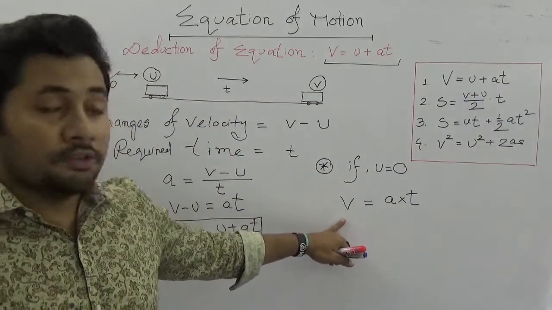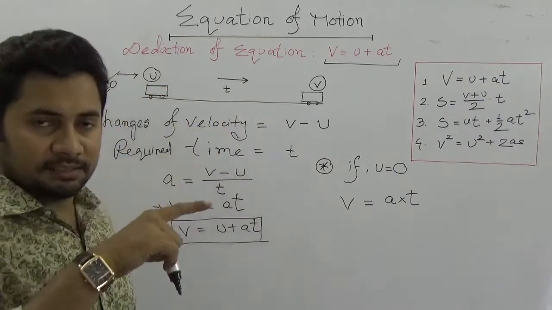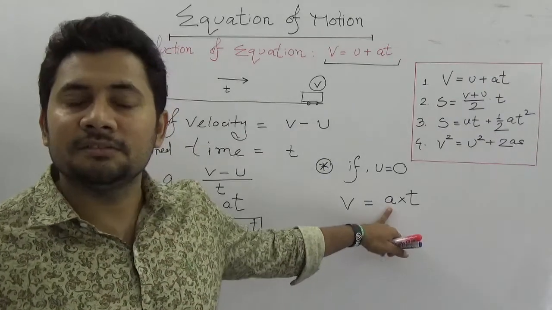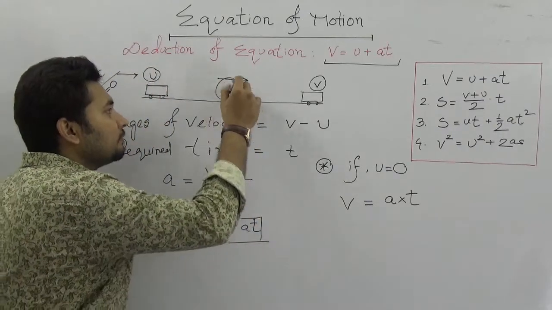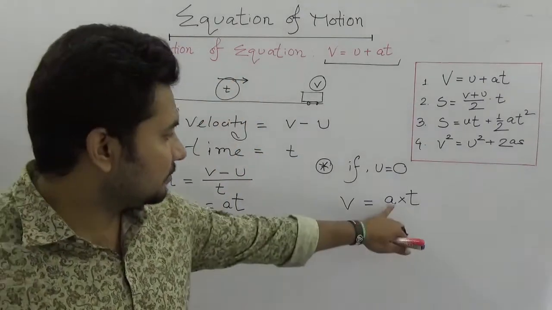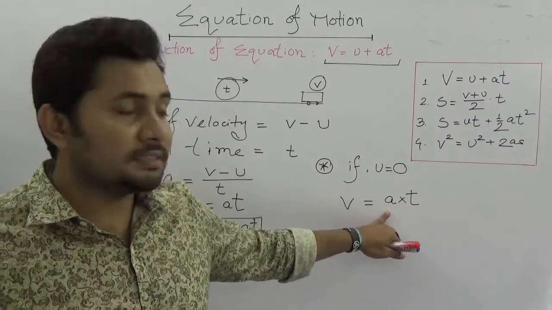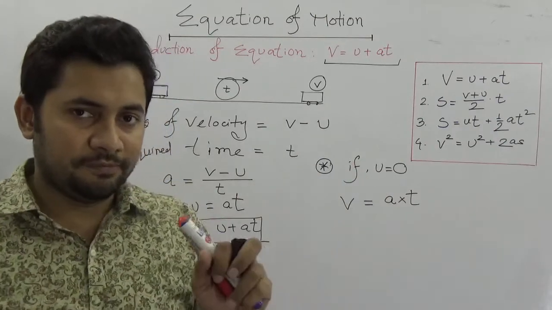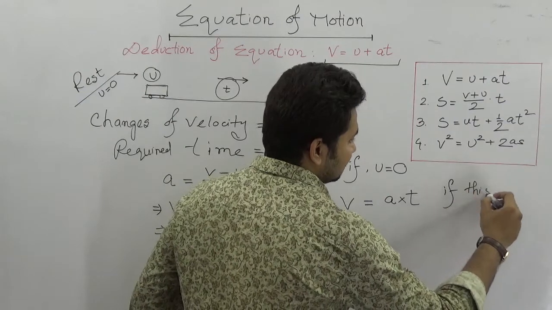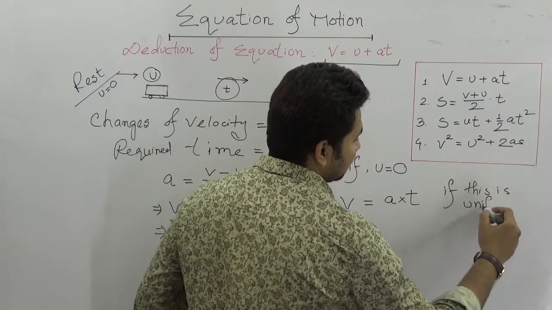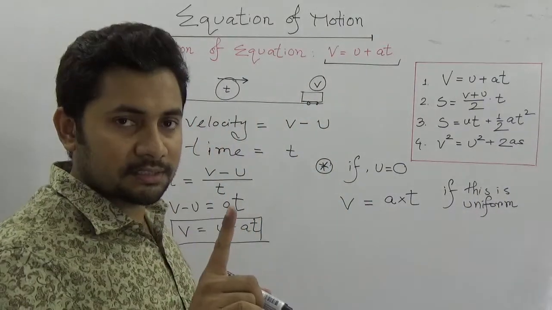because u is 0. Now if this started with uniform acceleration, then the value of a was not changing over time. It was not changed throughout the time. So we can say a is constant.